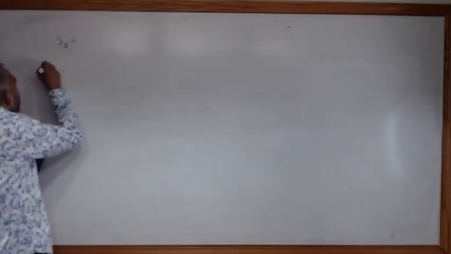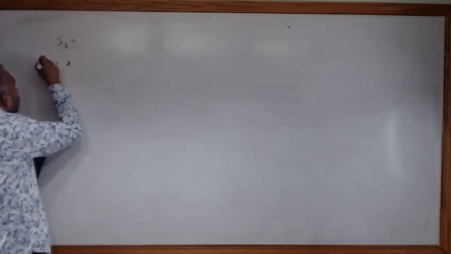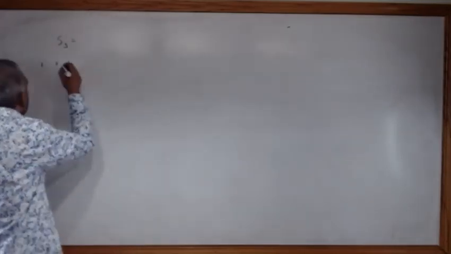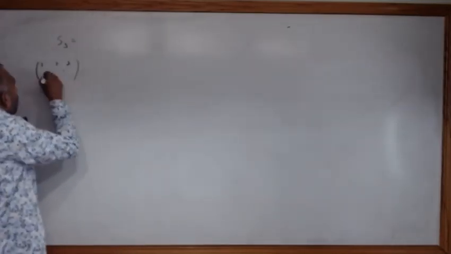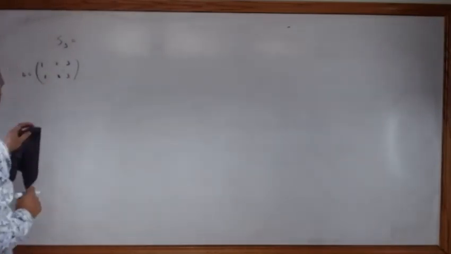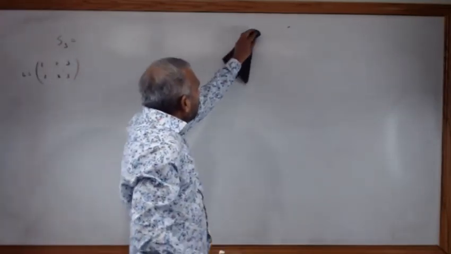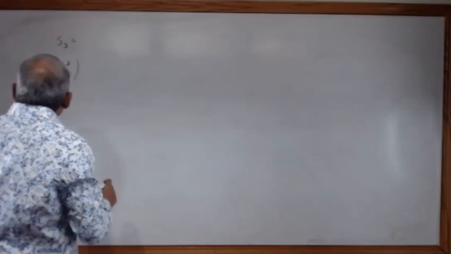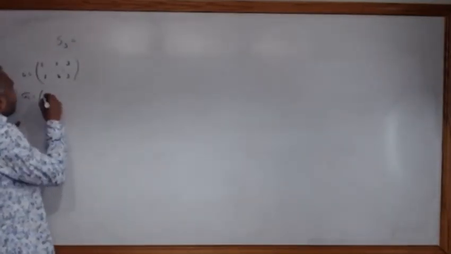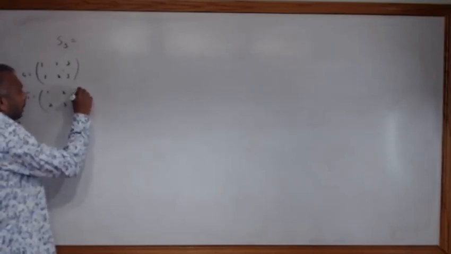One of them will definitely be, we'll write it like this, 1, 2, 3, and this is our I. Now we'll write sigma 1 as 1, 2, 3, 2, 3, 1.